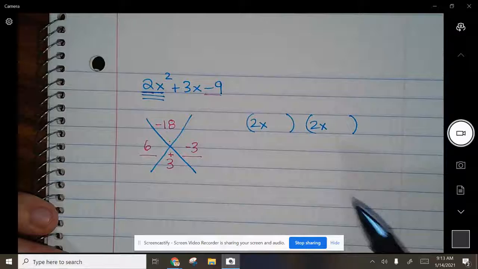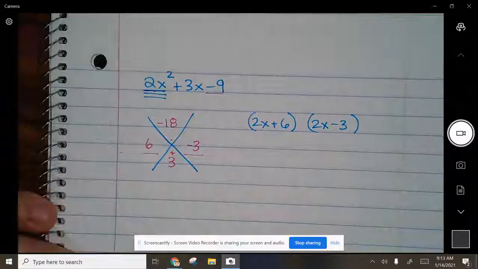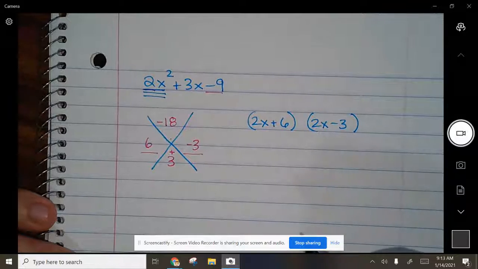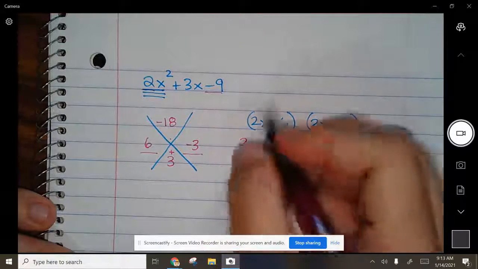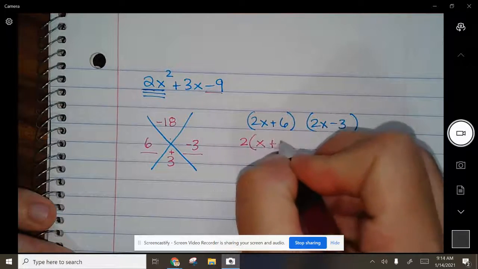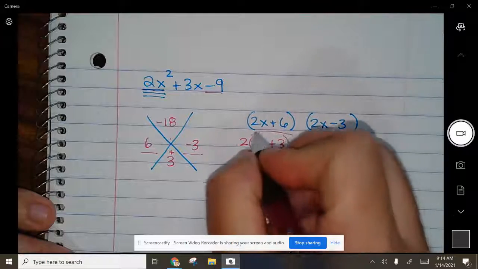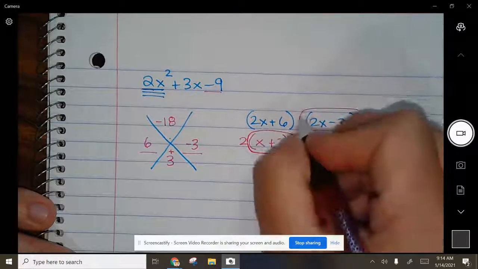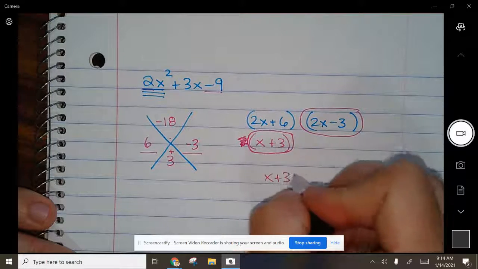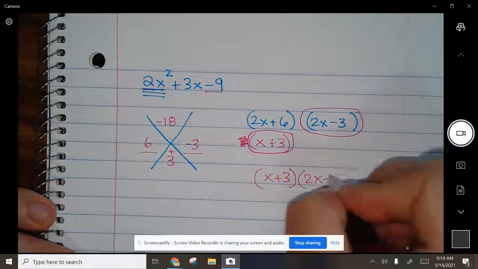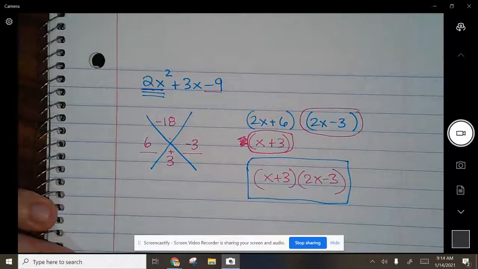Now, 2x plus 6, 2x minus 3. Can we do anything with this one right here? We can take a 2 out here. So that's going to be x plus 3. Can we do anything here? Nope. So your final answer is going to be this and this. We are trashing this guy. So x plus 3, 2x minus 3. All right, final answer on that one.